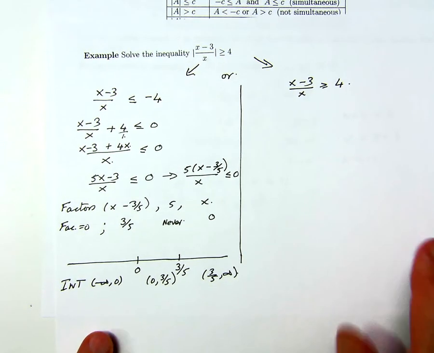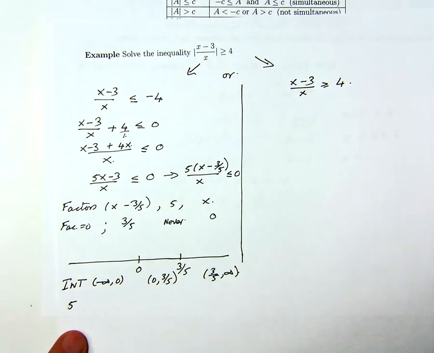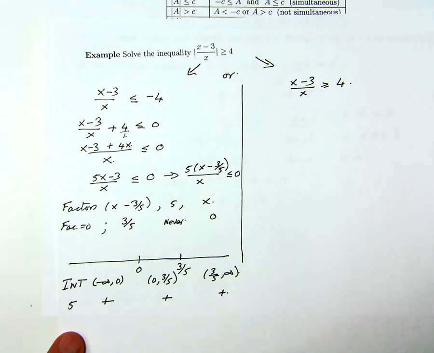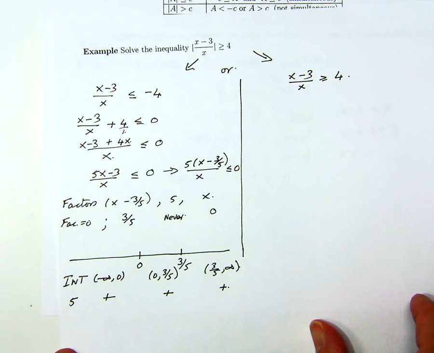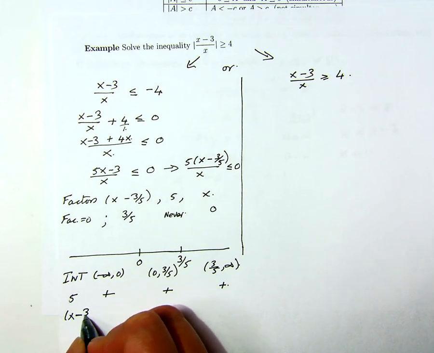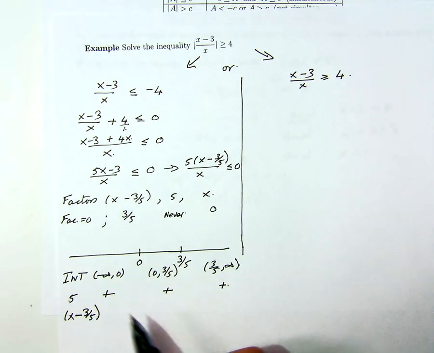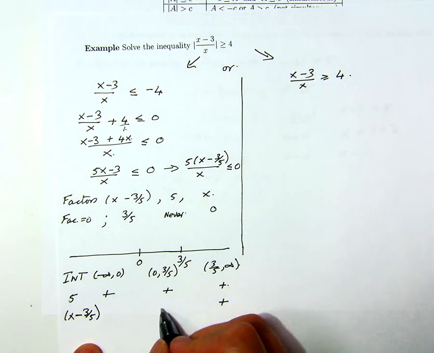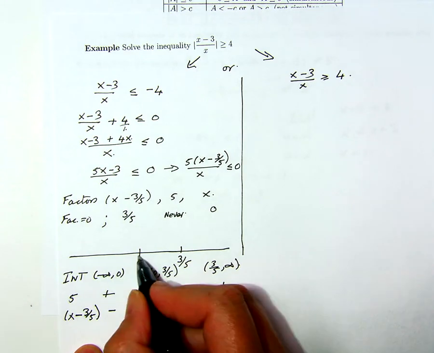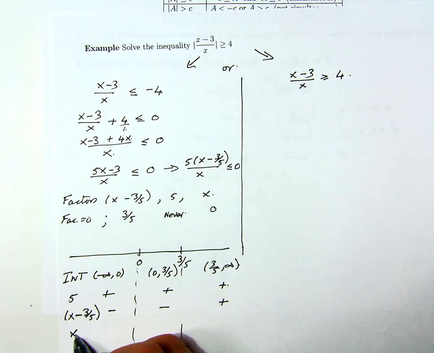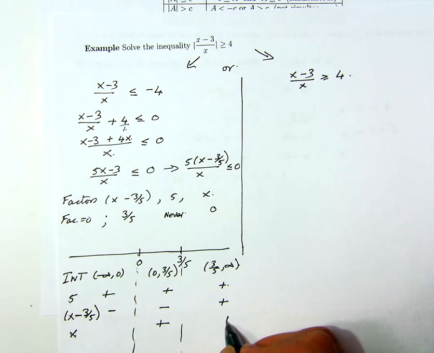So I have my three factors, and I have to figure out whether they're positive or negative on all of these intervals. 5 is obviously positive everywhere because it's a constant. It doesn't change as x changes. x minus 3 over 5 is positive when x is bigger than 3 over 5, and negative when x is less than 3 over 5. And x itself is going to be positive when x is bigger than 0, negative when x is less than 0.